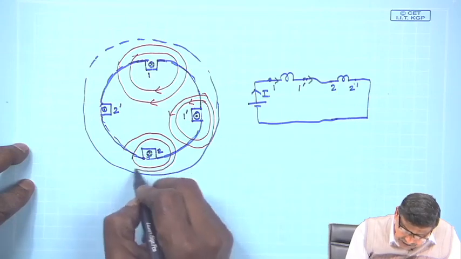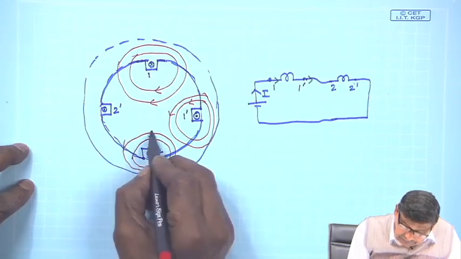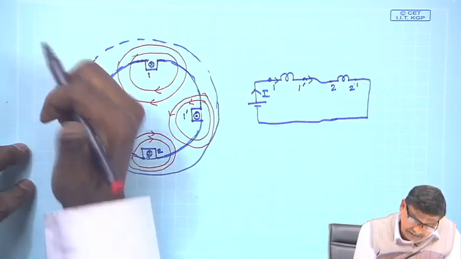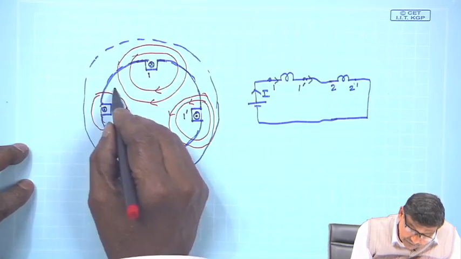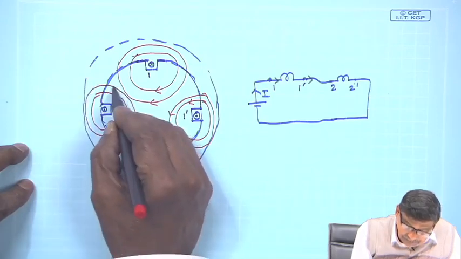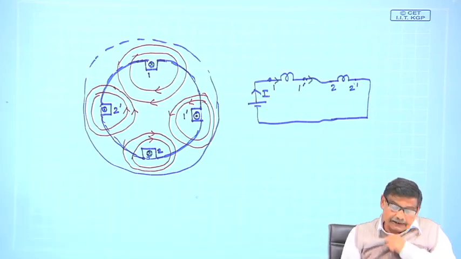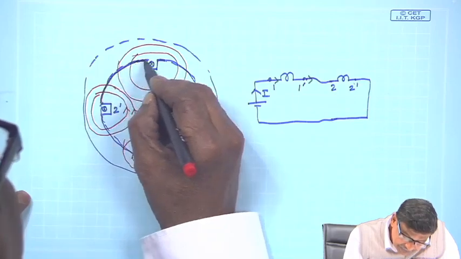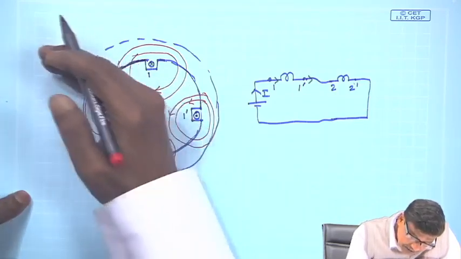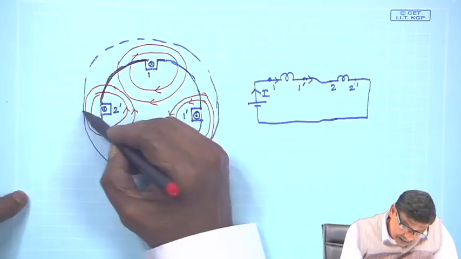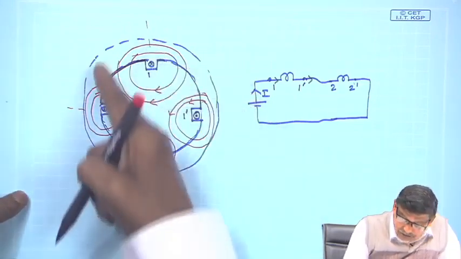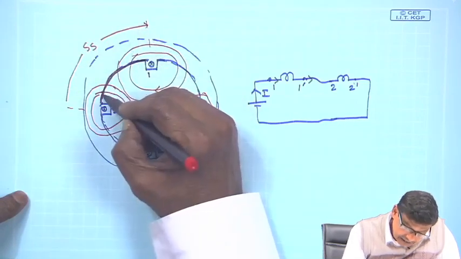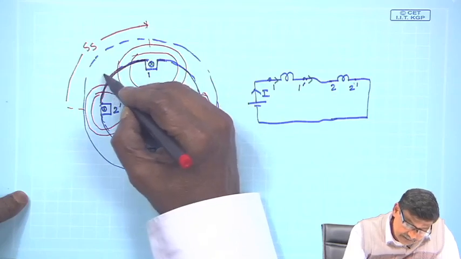I am just drawing two representative, and this 2 dashed, this is dot current, will produce lines of forces like this. Now, see this portion of the iron, lines of forces are entering. So, this quarter of this total iron will behave like a south pole, this inner face, of course, inner face, south pole.